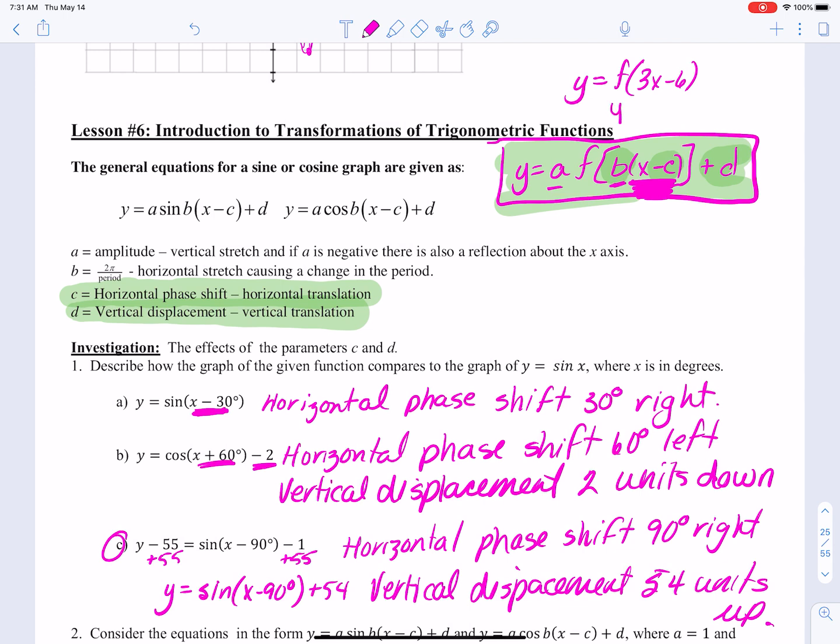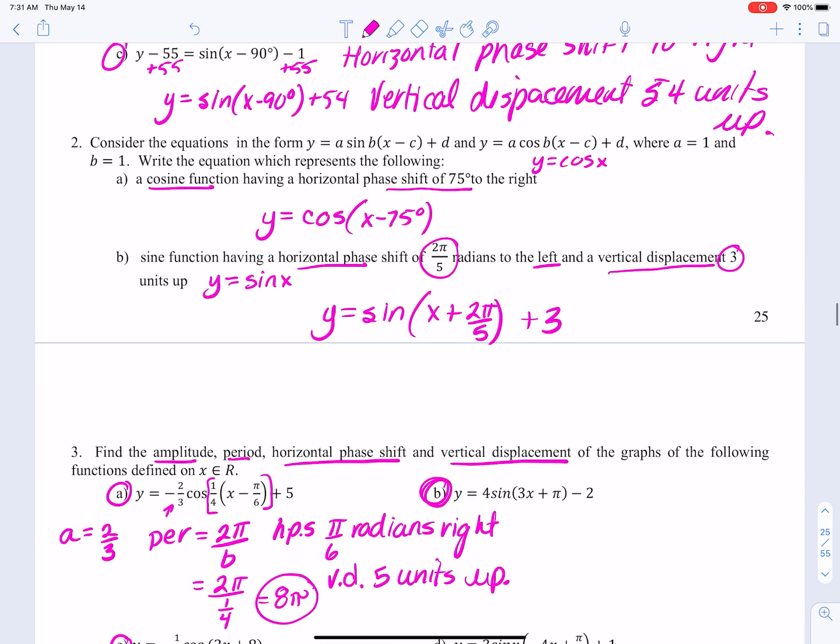But what we needed to do, if you recall, is we needed to factor out that 3 to be able to read the translation correctly. So that follows suit with what we got to do here.